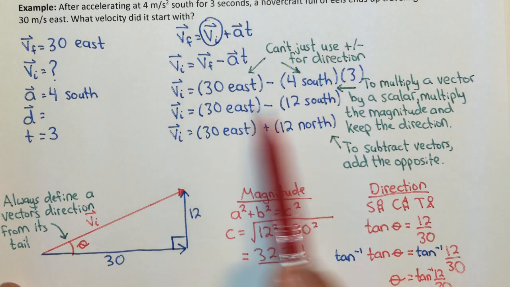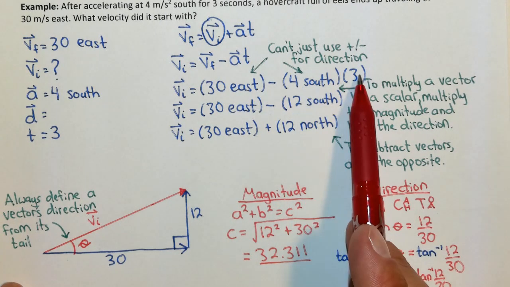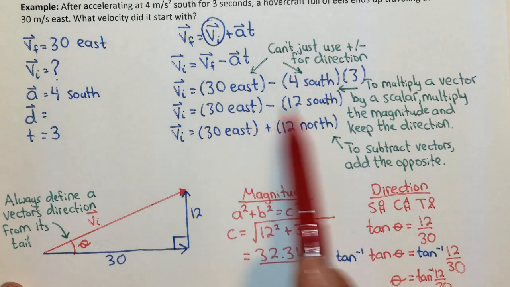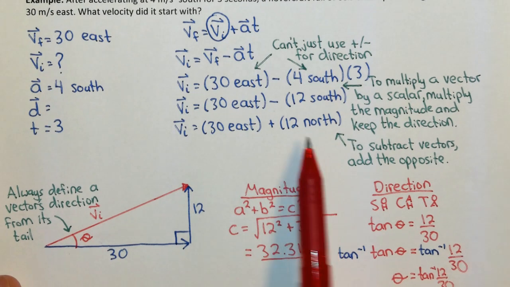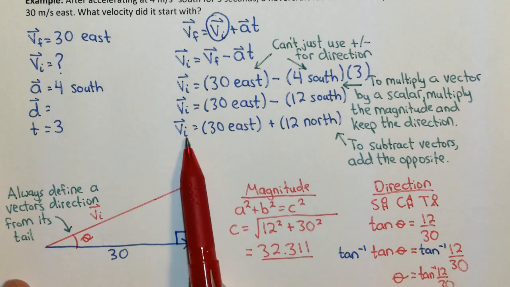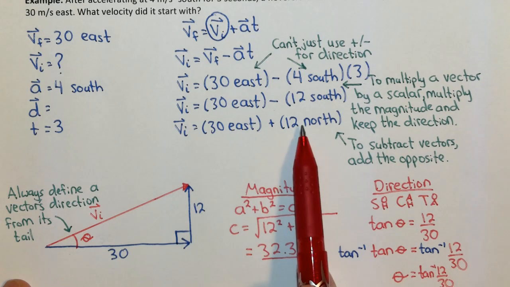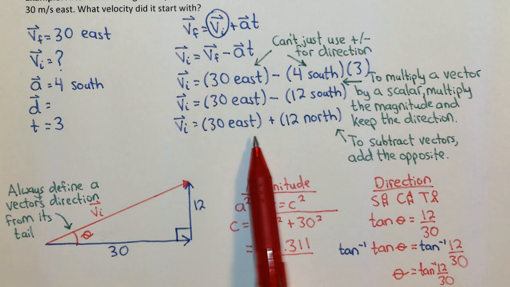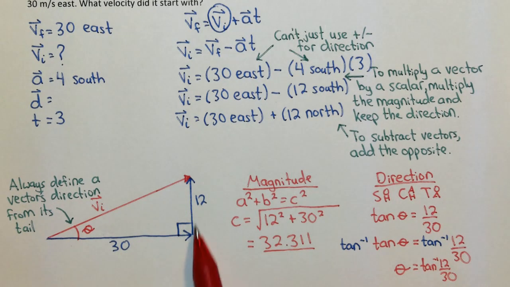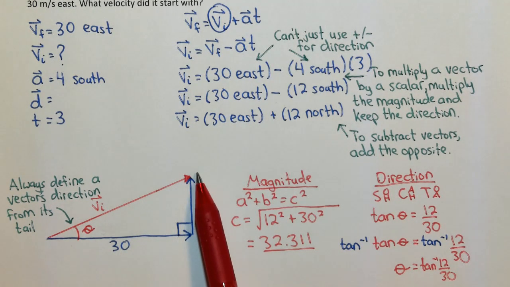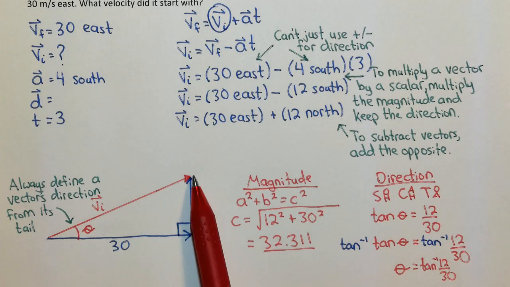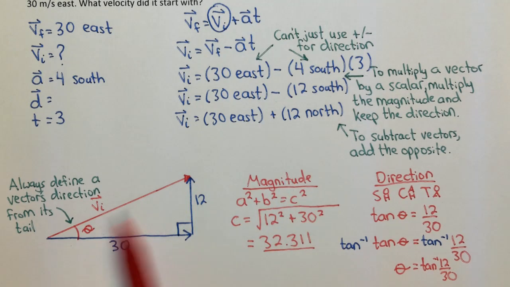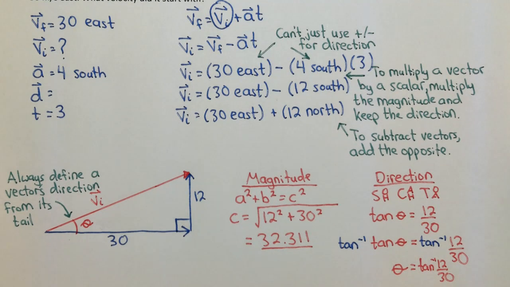Then I took care of some simple math, multiplying a vector by a scalar, changing subtraction to addition, and I ended up with an expression that told me if I could just add these two vectors together, I would get my answer. I then added them by drawing them out head to tail and finding the answer, or the resultant, by using Pythagoras for its magnitude and SOHCAHTOA for its direction.